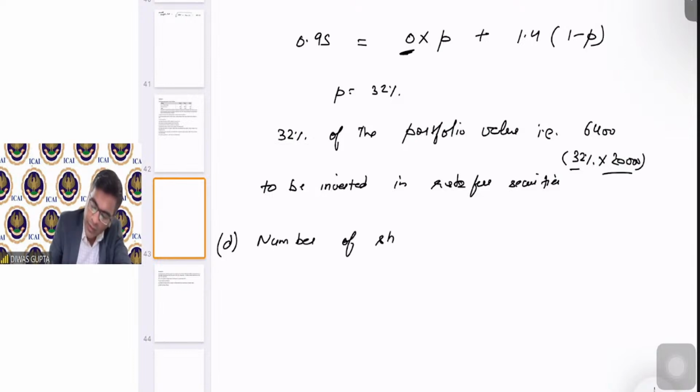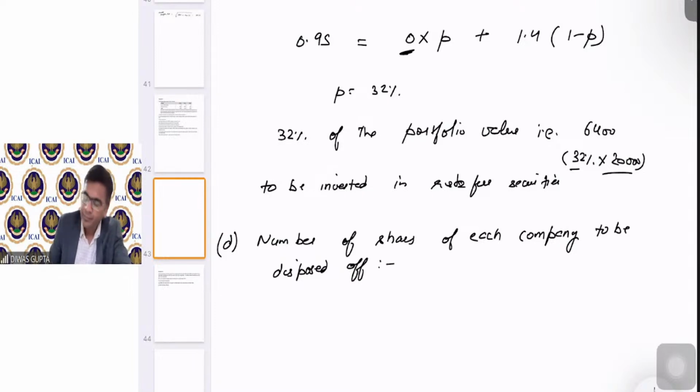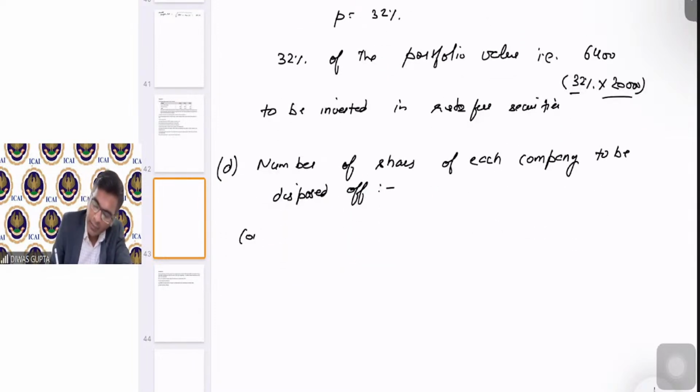Number of shares of each company to be disposed of. Again, company we will say X, Y, and Z. Percentage to total is how much? 30, 60, and 10.